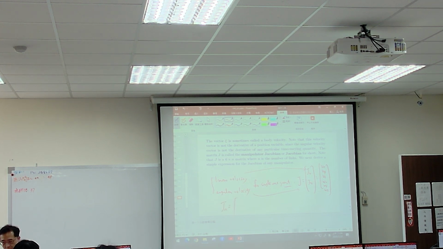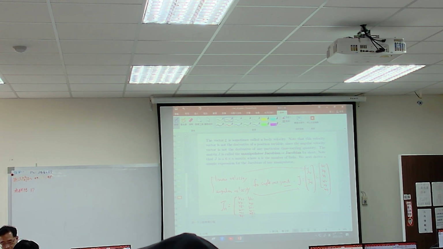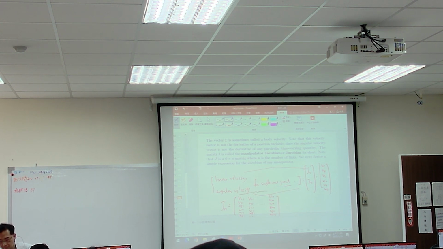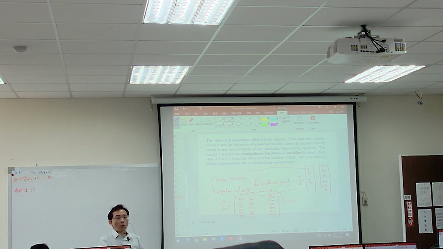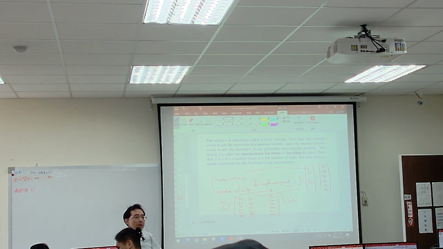If you have a 6-axis robot, then you will have a 6x6 Jacobian matrix.